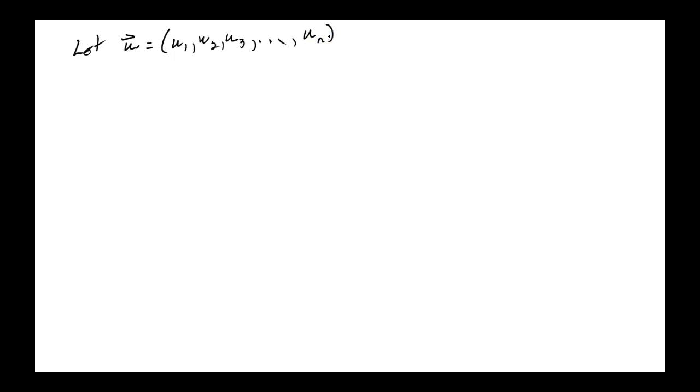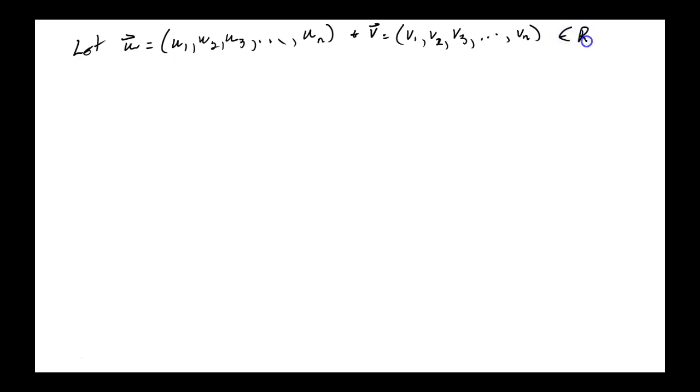N components in n space, like 3 components in 3 space, 2 components in 2 space. And you also have a vector v, which is also in n space, so its components are v1, v2, v3, all the way up to and including v sub n. Can't have any more, can't have any less, it has to be exactly the same size as u. They're both in Rn.